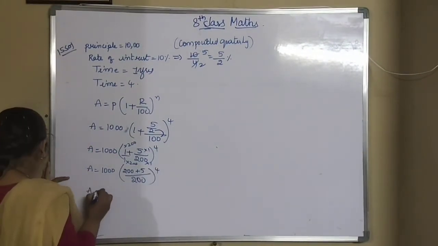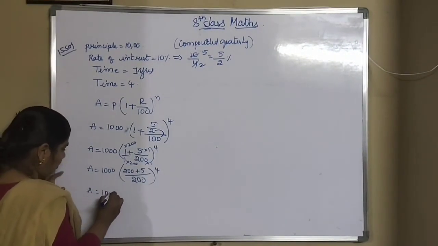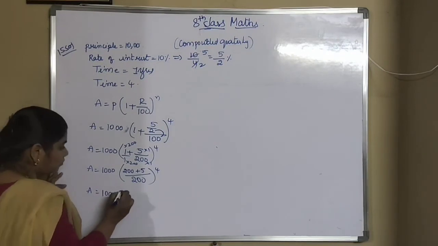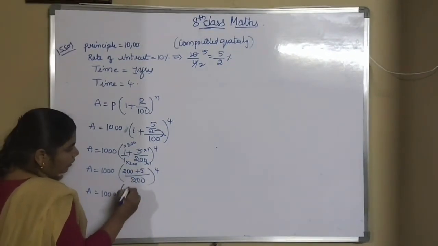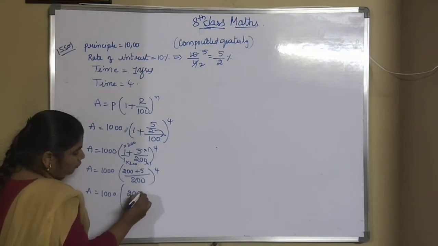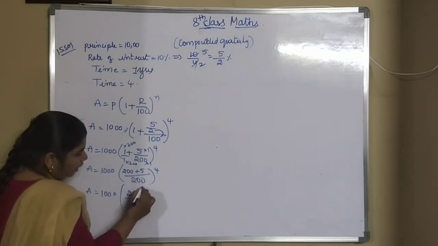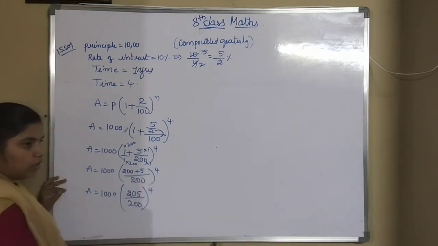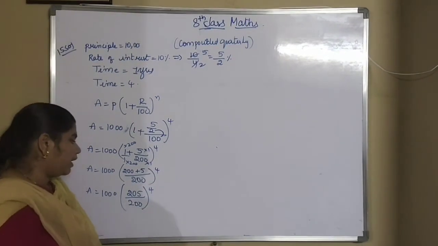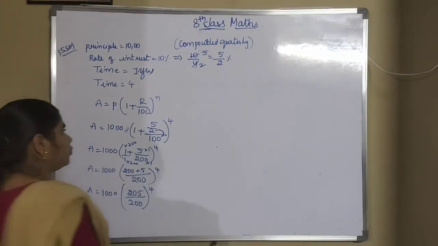Now A is equal to 1,000 into 200 plus 5, which will be 205 by 200, to the power of 4. Now how many times are we multiplying this value? 4 times you have to multiply.